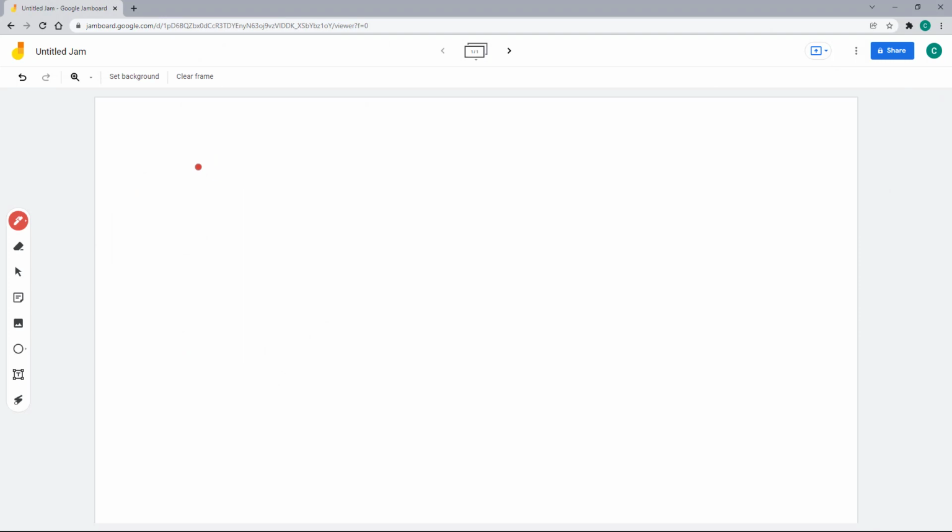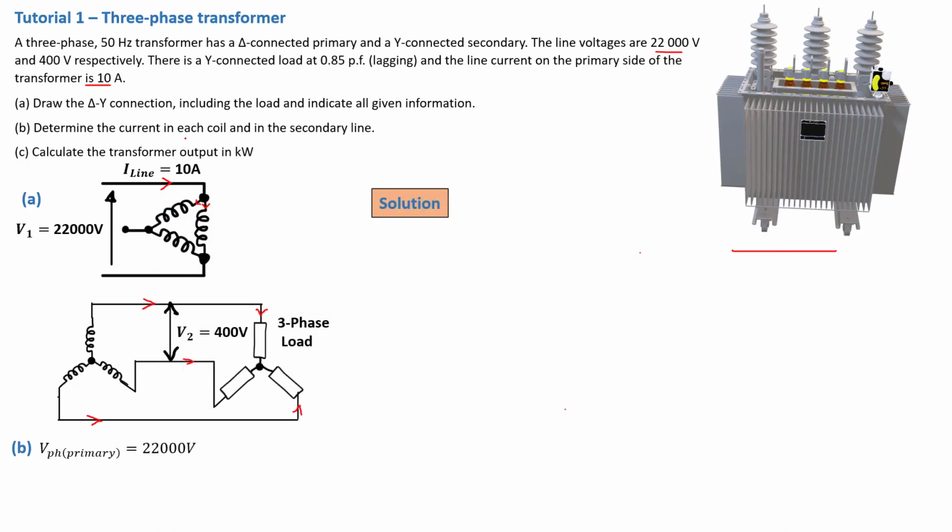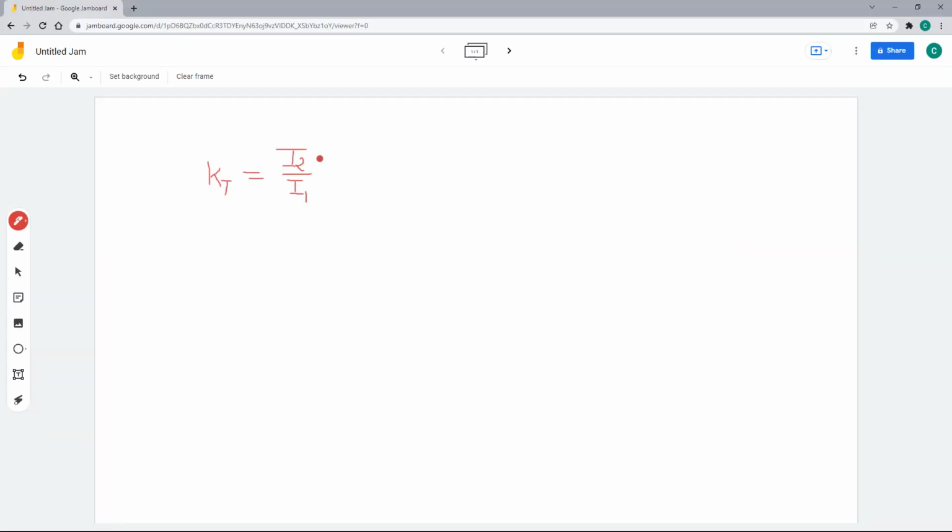We know that the transformer ratio, KT, is equal to I2 over I1. But we cannot calculate KT with I2 and I1 because we don't know what I2 is. We only know I1, which is given to us to be equal to 10 amps. But what is I2? So that means we won't be able to determine our KT with this formula.